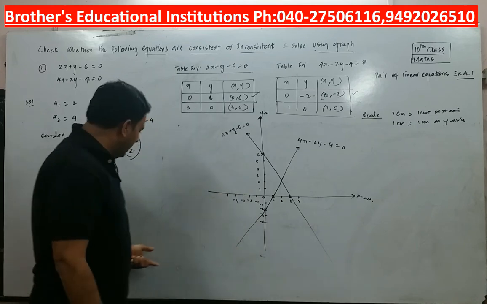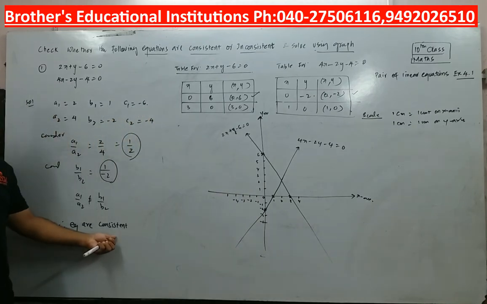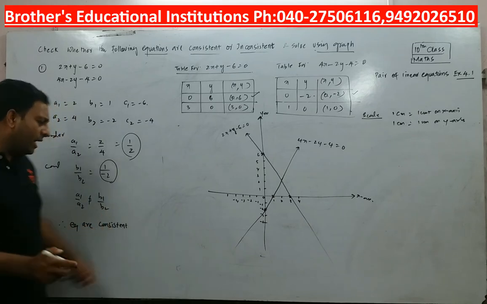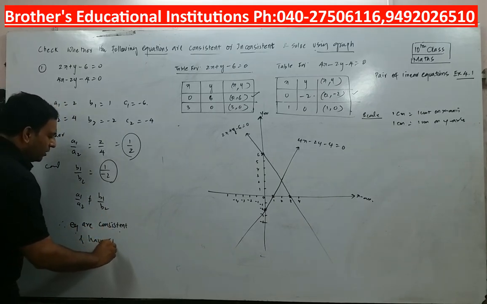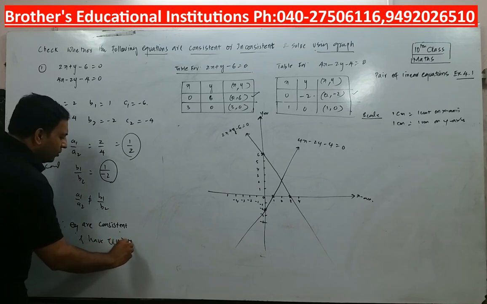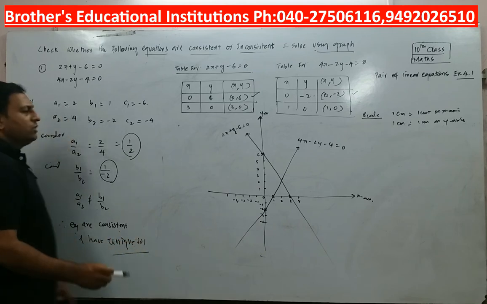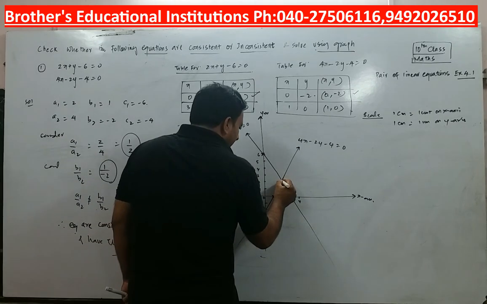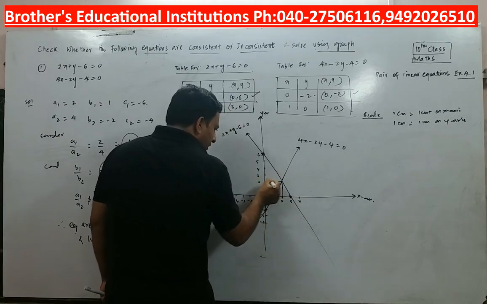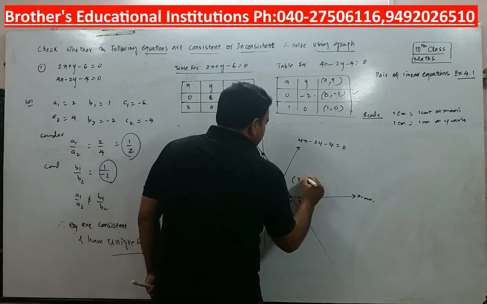You can see very clearly that it is going to intersect only at one point. And did I not tell you that the equations are consistent, meaning they are getting solved, and they have a unique solution? And what is that solution? This is your solution. Now graphically, if I want to find it, I can locate this. This point is 2 here, this point is 2, right? I will write this as 2, 2.